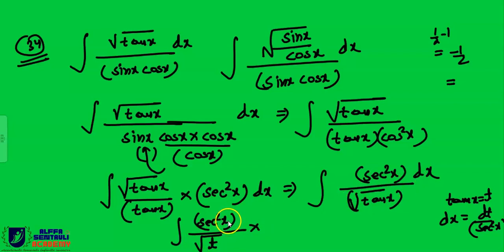See, Anish, why we have to bring each and everything in terms of t, because our variable is t. So the function should also be in terms of t, not in terms of x, right? So now let us replace dx by dt. So in place of dx, I can write dt upon sec square x. So this sec square x and sec square x will get cancelled out, and we are left with dt upon under root t.